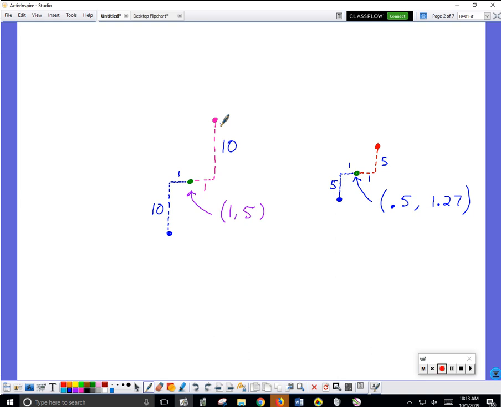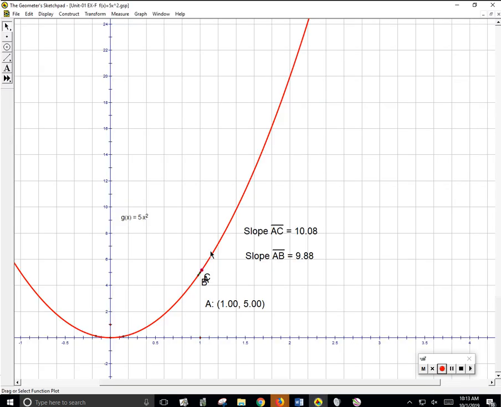Cool. This example is showing a different place on the graph. Right here, the graph is steeper, so the rate of change is higher. If you come to this location, so moving the point, I'm going to come down here to x equal 0.5.